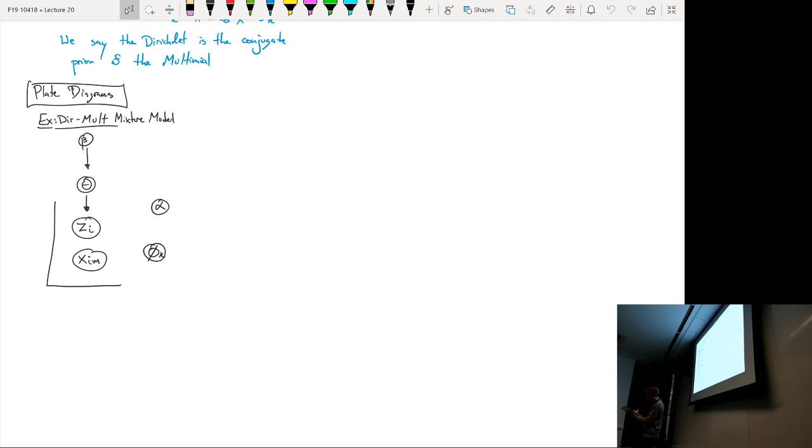So what we can do is draw a little box like this. And we can put down in the corner the number of times that we want to repeat this box. So let's say we're going to repeat it n times. One for each document. Okay.